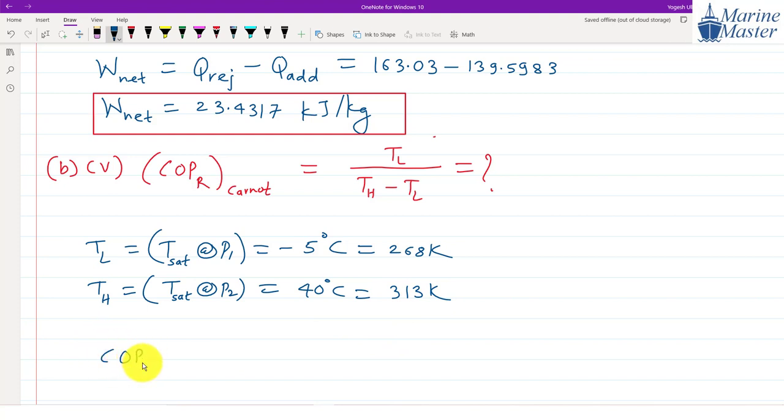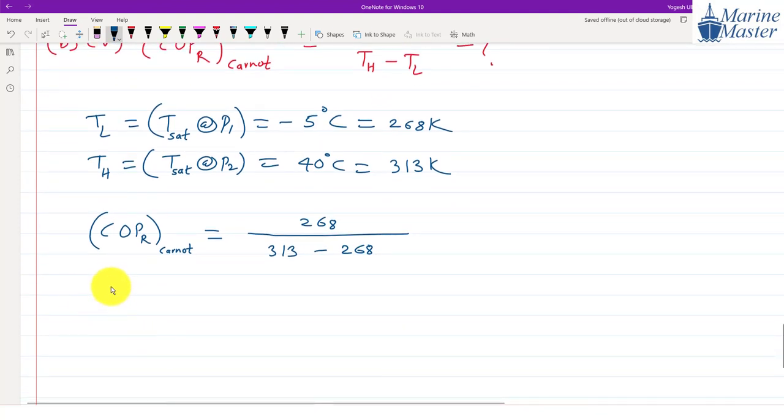So the COP of the Carnot refrigerator will be TL 268 divided by TH minus TL, 313 minus 268.